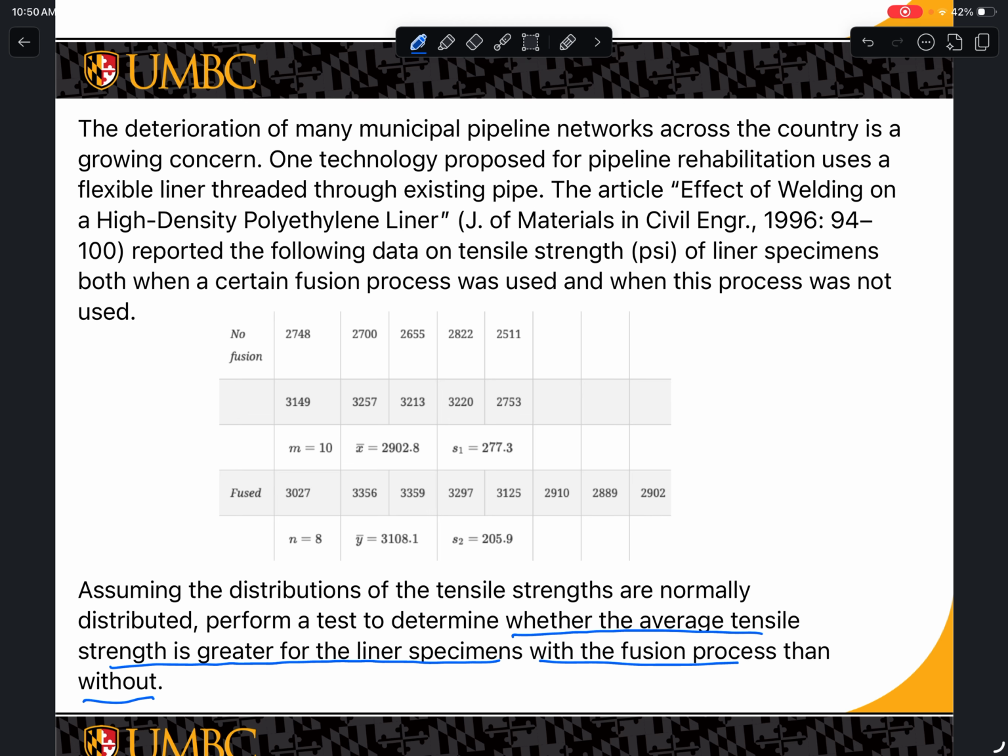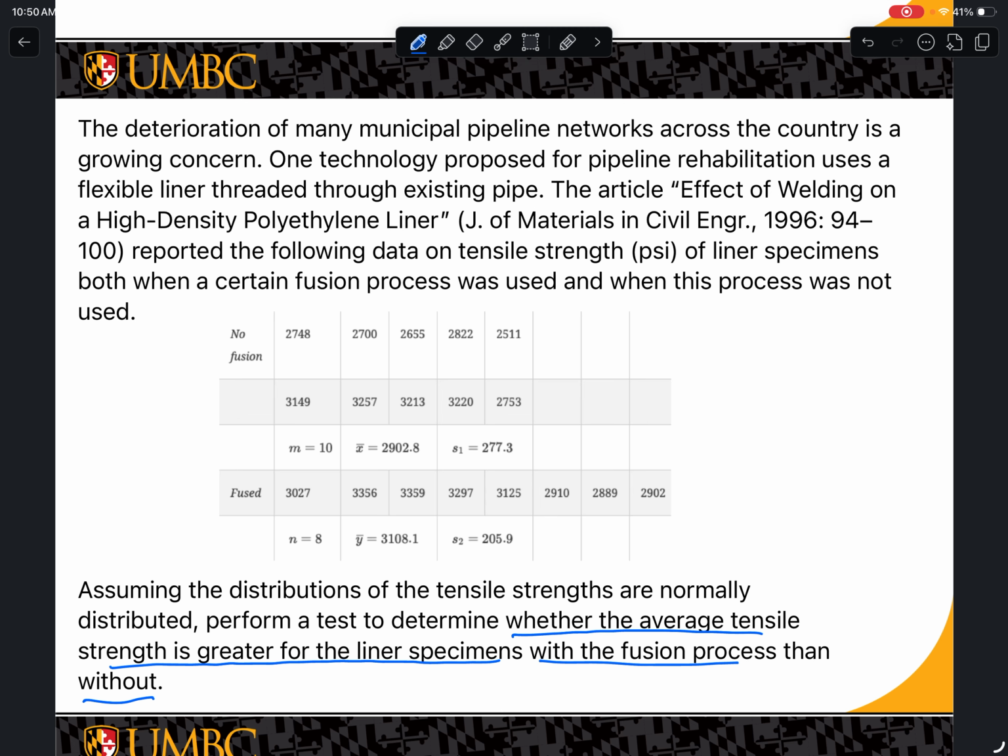So it's important that you really focus on what the question is actually asking, because that is going to inform your alternative hypothesis. And the hypotheses are just marginally trickier to write in the two population situation, because you have to think about which population you're trying to show has a larger mean.